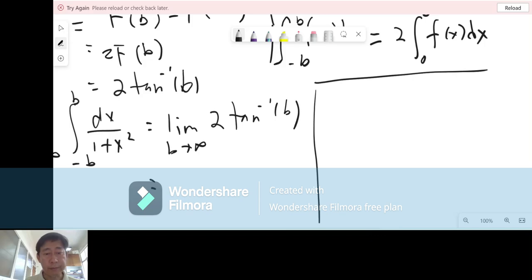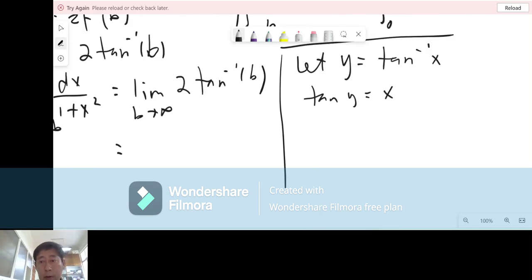Let y be arctangent x. That means the tangent of y is x. So you could try to represent this relationship of tangent y equals x on a right triangle. Here the angle would be y, x would be the opposite side, and the adjacent should be 1.